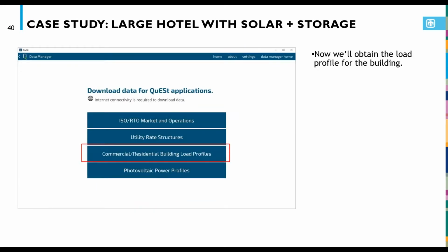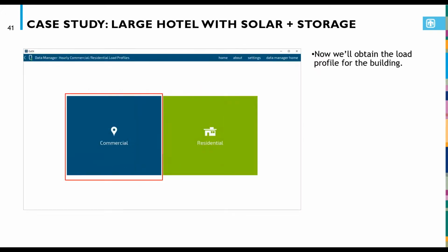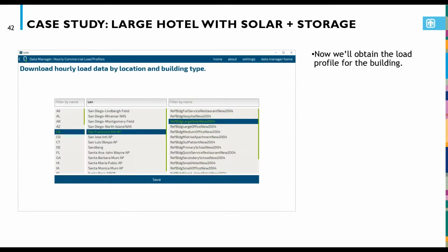Next, we will need to obtain the load profile for our load. Since it's a large hotel, we will select commercial load profile. We will need to select the location and the type of the load we want and save the data for later use.